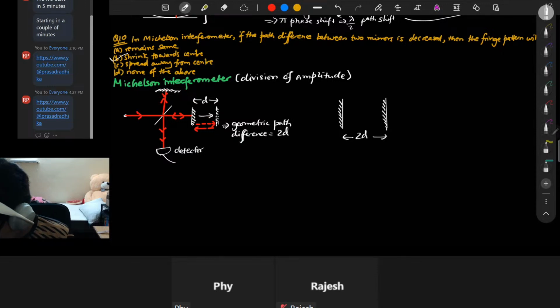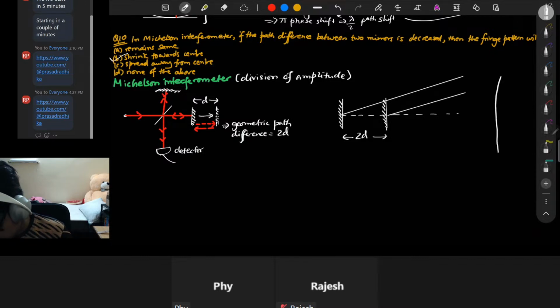So we have a ray coming up like this, this is the horizontal, and a ray coming from this mirror like this, and then we have a screen kept far away at infinity, which is the detector, and this angle is, let's say, theta.